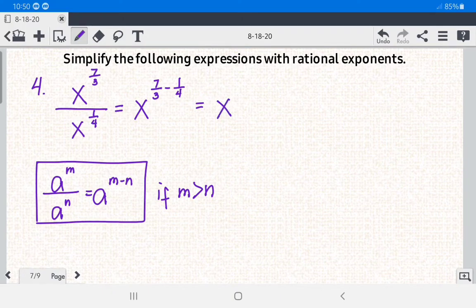Then, since we have dissimilar fractions, you will just get the LCD, which is 12. Then, 12 divided by 3, we have 4 times 7. So, this is 28. Then, minus 12 divided by 4, we have 3. Times 1, we have 3. Then, our next step is you have to copy x, then subtract 28 minus 3, we have 25 over 12. So, this is the final answer.